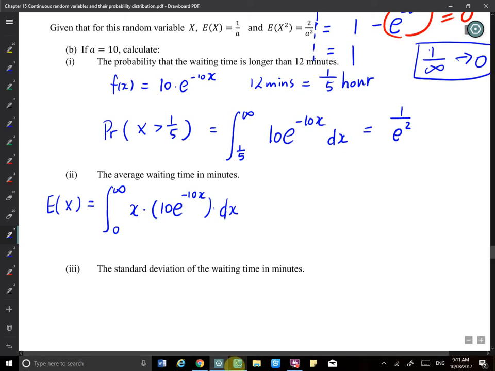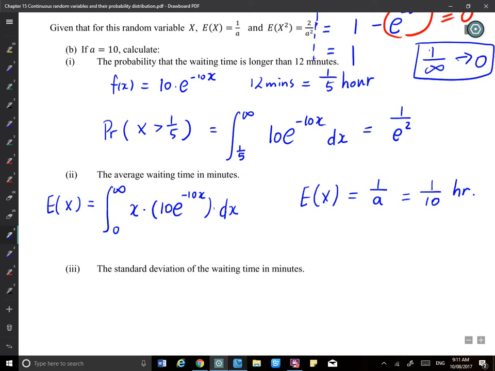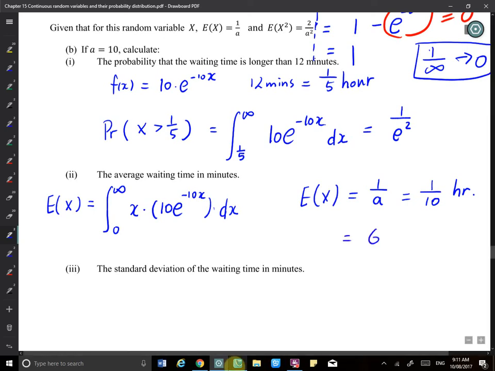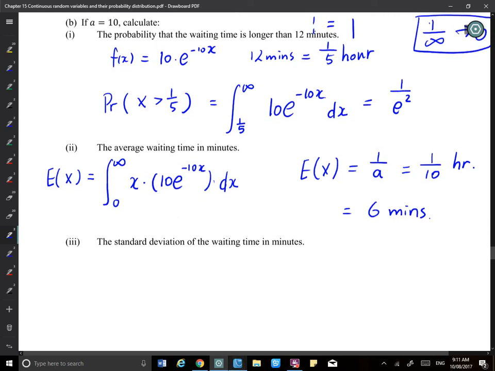But in this question, expected x is given, so I can use 1/a to calculate. So a is 10, that's 1/10, but the unit will be hour, and that is 6 minutes.